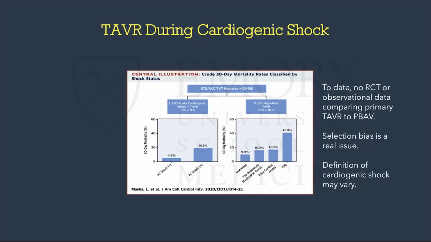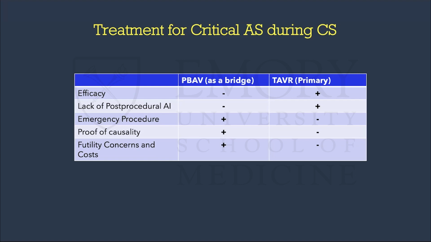The definition of cardiogenic shock in this registry included multiple things, like using inotropes, using a mechanical assist device before implantation, having cardiac arrest before, or having bypass. Percutaneous balloon aortic valvuloplasty does eliminate the futility concern, mostly because it's a simple procedure and there's no excessive cost with that.